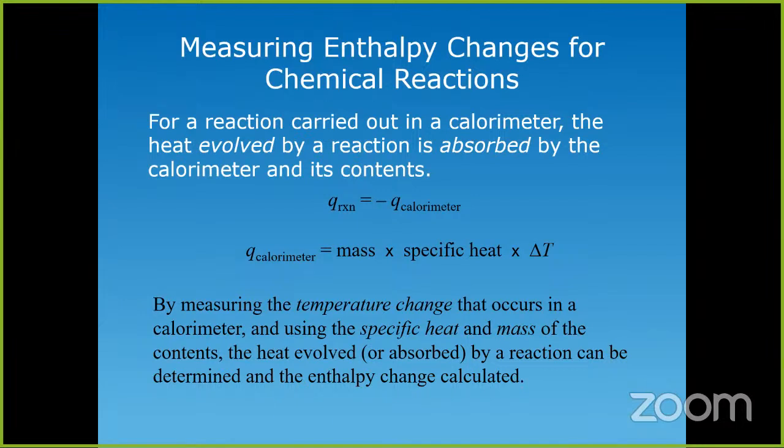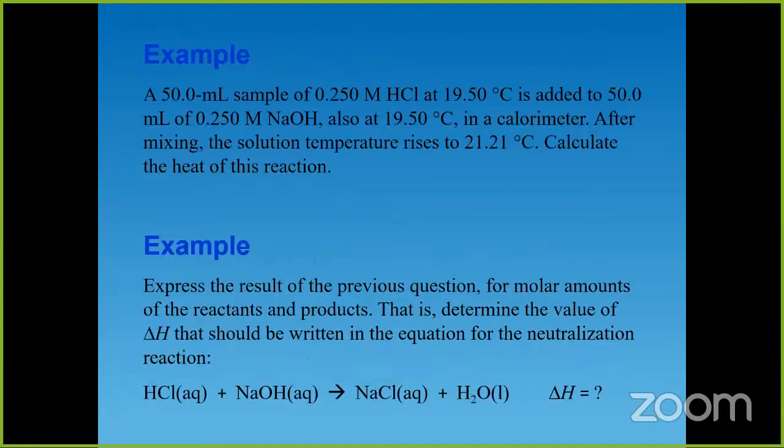All we have to do is carry out the reaction in the calorimeter. We need the mass of the total mixture, the specific heat, and we need to measure the change in temperature as the reaction is taking place. And then we put the numbers into this equation that gives us the heat change for the calorimeter, and therefore Q of the reaction, the heat change of the reaction, would be the negative of that value, all right? So that's basically what we use to experimentally determine the heat change of a reaction.